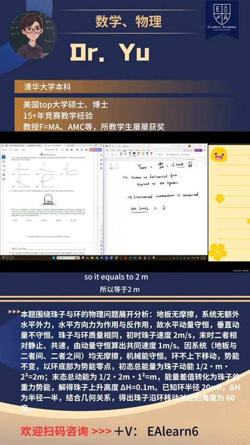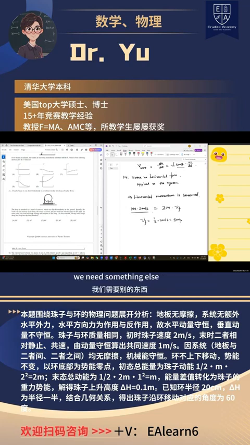So it equals 2m, because they have the same mass, times my final velocity. It's very straightforward to know that the final velocity is 1/2 times 2 meters per second, which is 1 meter per second.